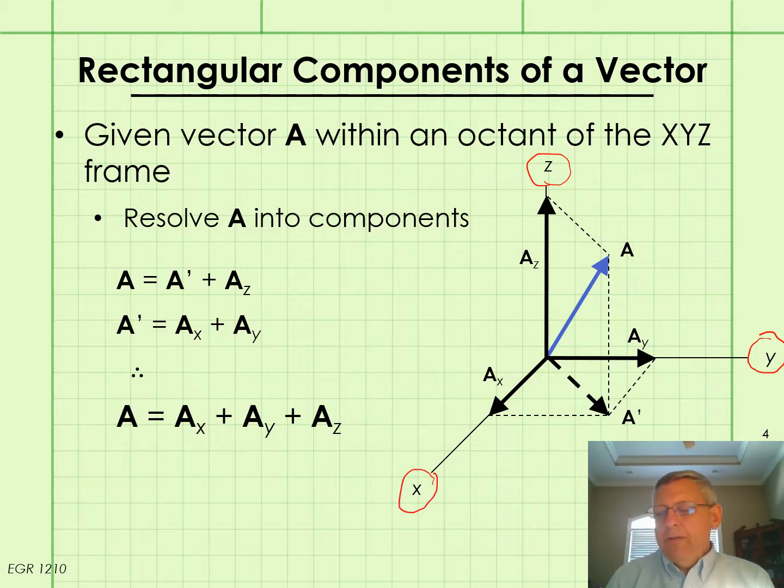Now remember, it's always a challenge to express and visualize a 3D world when we're looking at a flat screen or a flat piece of paper. So remember that the x-axis is coming out at a right angle to the screen or the paper.